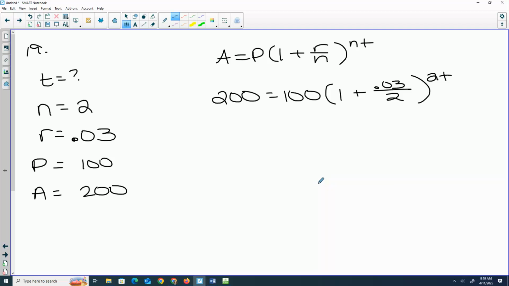What would we do here? Between the two. 1 plus 0.03 over 2. 1.015.